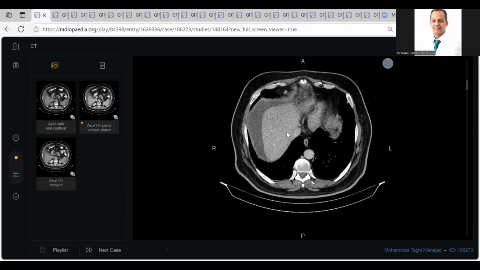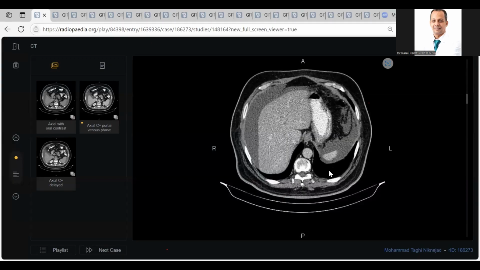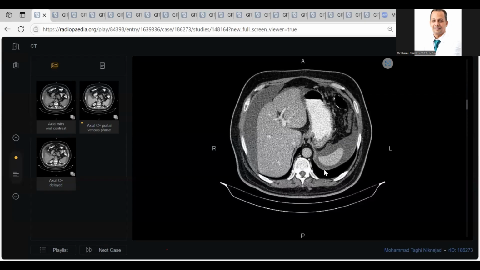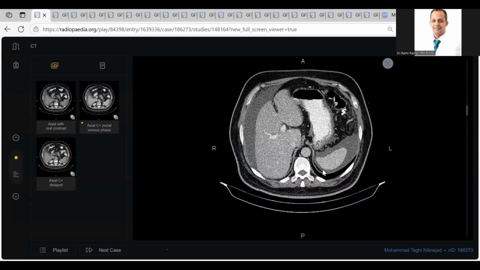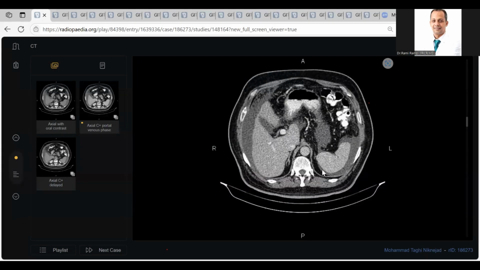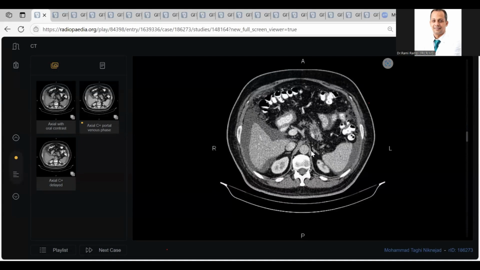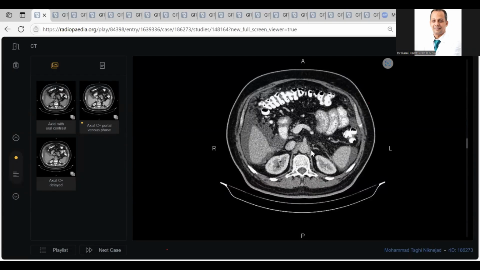Again, the visualized lungs in the mediastinal window show no gross abnormality. Then I can appreciate that there is a moderate amount of ascites.